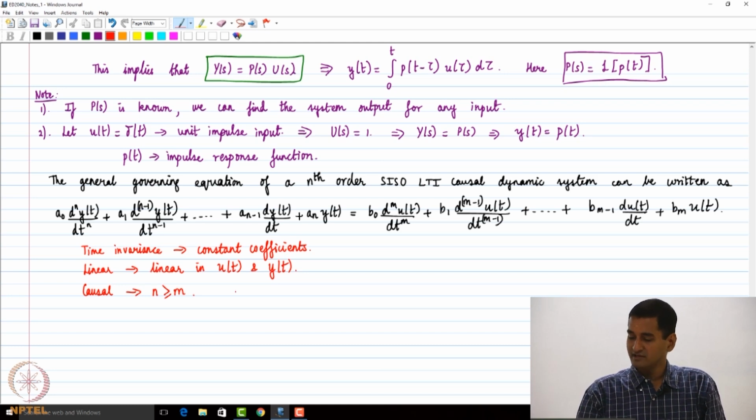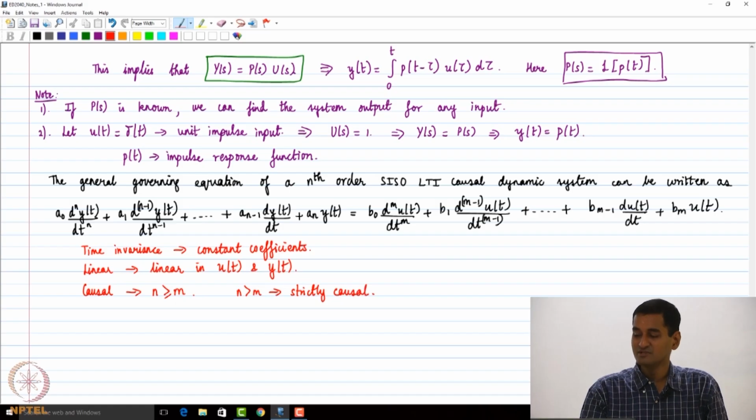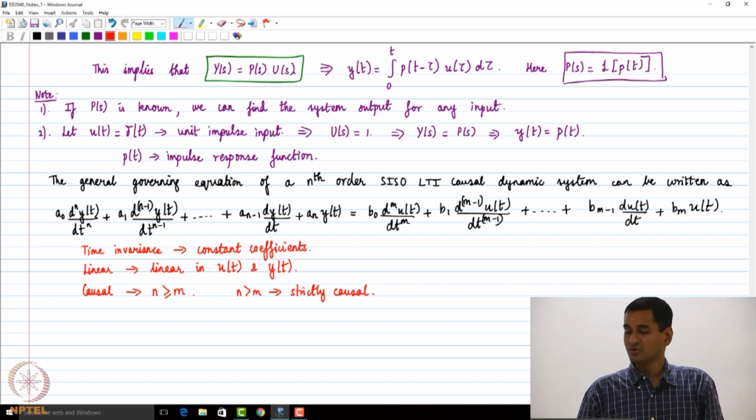When n is greater than m, some people will call it strictly causal. I'm just introducing you to some terms which you may encounter. So that's how causality is reflected in this particular equation.